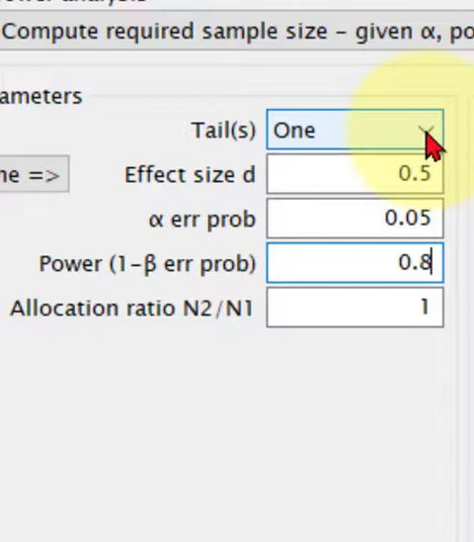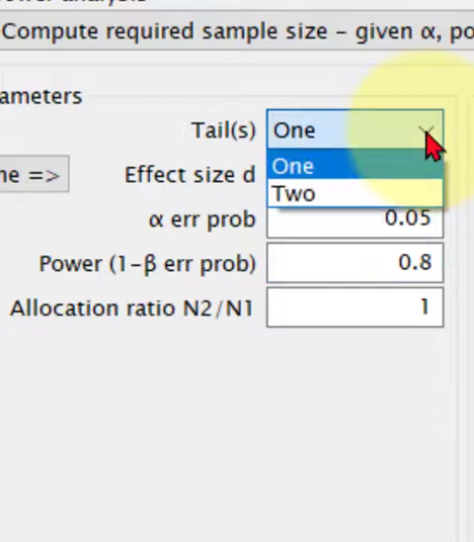So the DV would be annual salary, and the IV would be gender with two levels, men and women. If we're asking if men make more or women make less, that makes it a one-tailed test. But if you just want to see if there's a significant difference between men and women annual salaries, you would do a two-tailed. So we'll do them both.